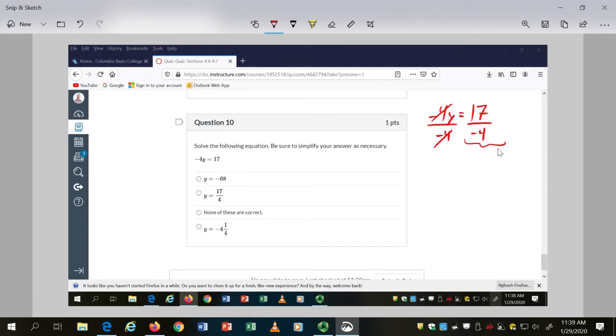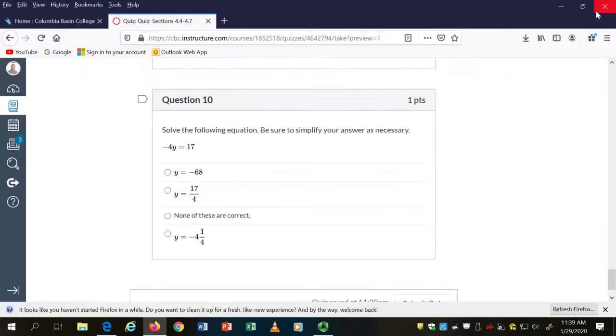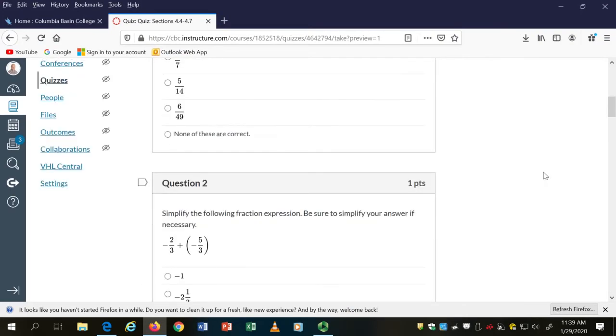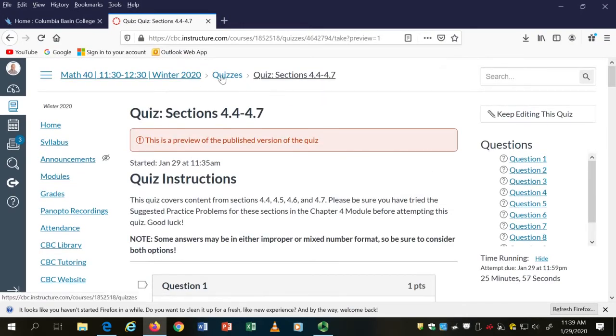You could try that first and see by converting it into a mixed number if it was one of those options, or it's possible it might not be on there as well. Okay? But just remember that positive divided by negative is always negative. Other ones from that one? Okay. What else? Anything else you want to look at from the quizzes?